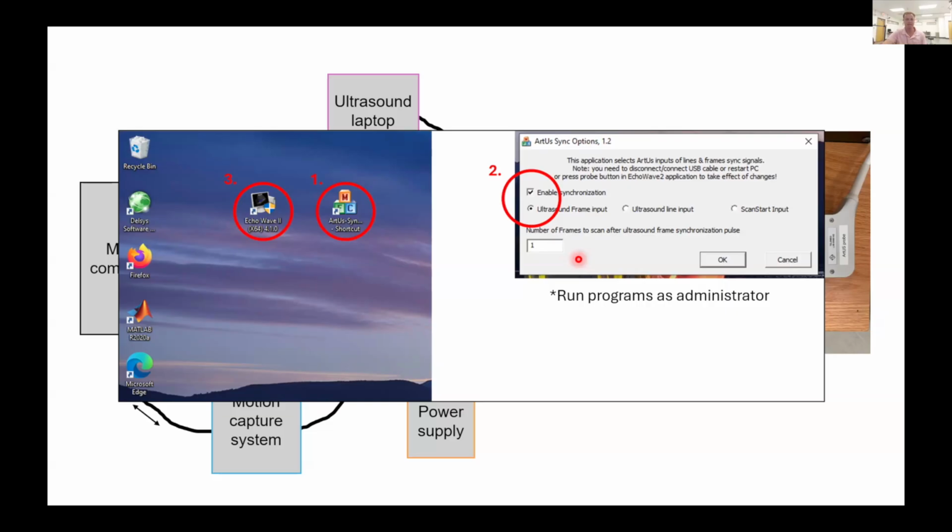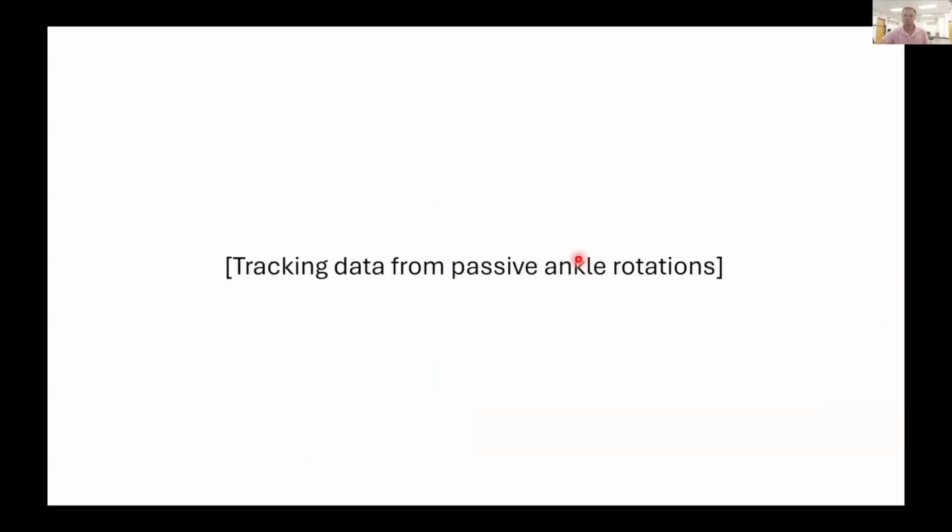This is in place of manually pressing spacebar on the ultrasound laptop and starting and stopping the capture yourself. But we can go back now, I'll stop sharing here, to that fascicle tracking that we were doing before.